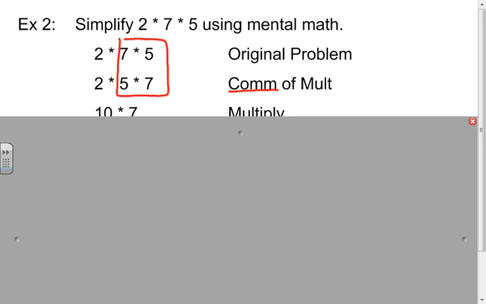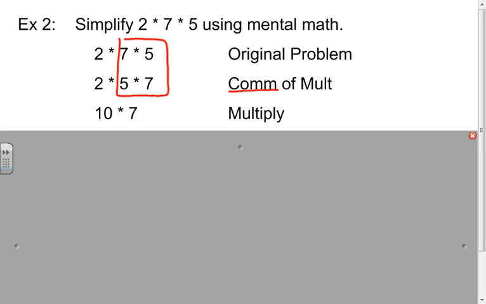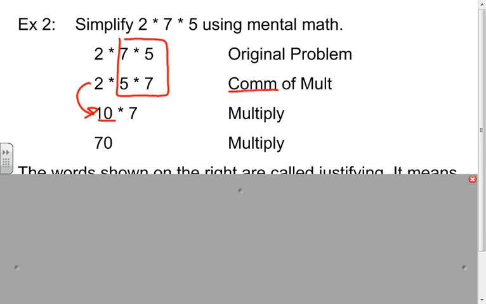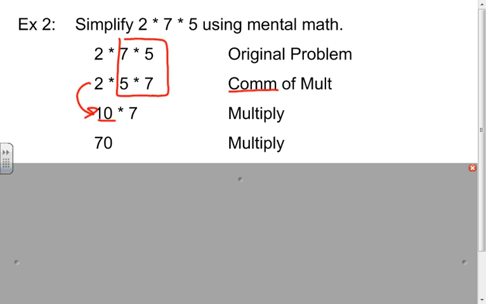Now, the reason why I did that is because 2 times 5 is 10, and it's really easy to do 10 times 7. It's really easy to do 10 times anything. 10 times 7, I multiplied in order to get from there to there, and then I multiplied again to get my answer. Okay? I did one step of work for each line, and I just kept going until I was finished.